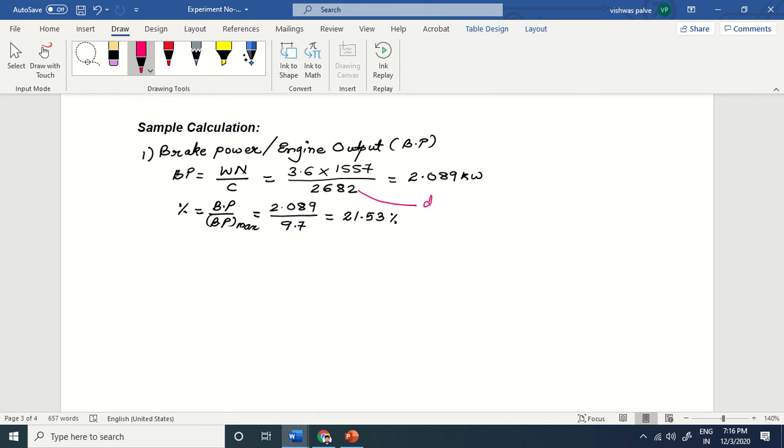It is the dynamometer constant. For each dynamometer this constant will be given, so you don't have to worry about that.